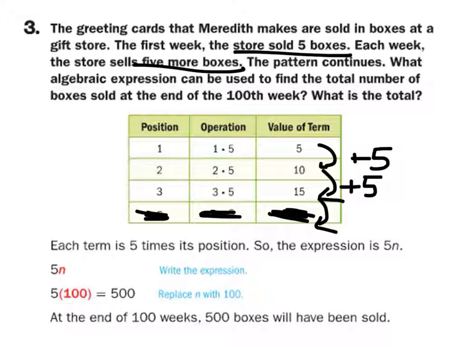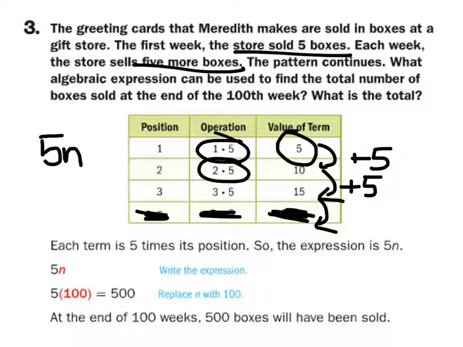Isaac? 5 times n. Very good. And you may notice that this is position 1. So 5 times 1 is 5, 2 times 5, and 3 times 5. Okay? So if I wanted to know how many boxes they sold in the 100th week, what would I do?